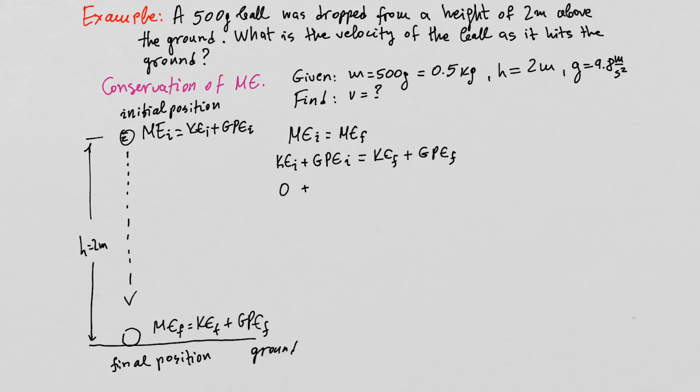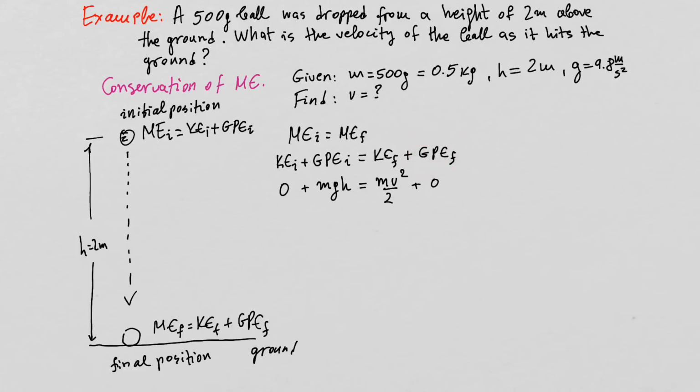Gravitational potential energy initial is simply mgh. This will be equal to kinetic energy final, which is equal to mv squared divided by 2. And gravitational potential energy final will be equal to 0 because I'm going to select the ground, remember, we talked about it on the previous slides, to be my 0 level. So at the 0 reference level, the gravitational potential energy is 0.